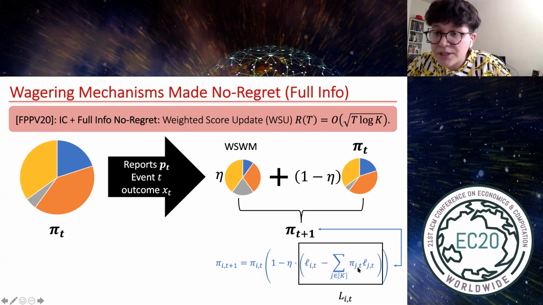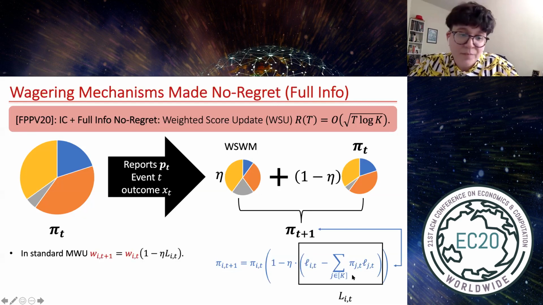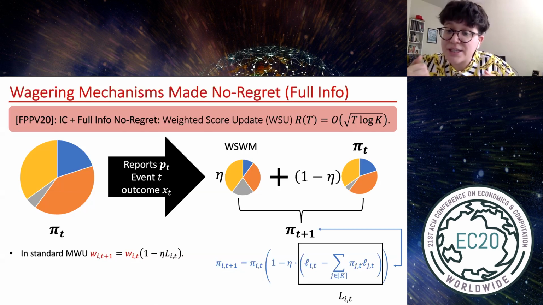If we call this capital LIT, you see there's a connection with the standard multiplicative weight update algorithm, but the only difference is that we are talking directly about probabilities, while the standard multiplicative weights update has to pass through the unnormalized weights.